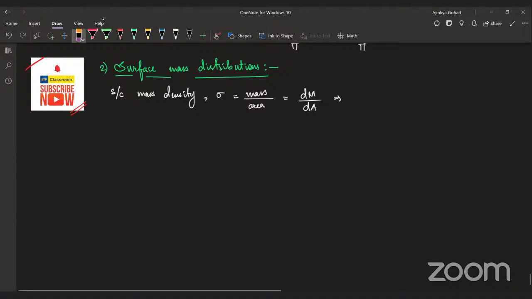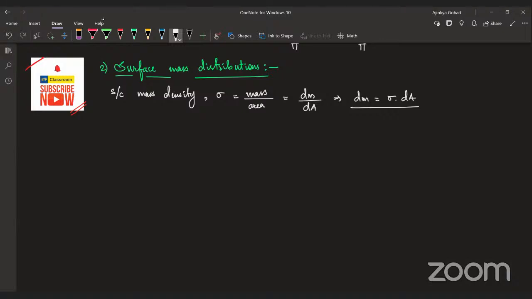Right. So I'll write this as small m because every time I use small m for mass. So dm is equal to sigma into dA. Then if it is a variable, it will stay inside the integration sign. If it is a constant, it will come out of the integration sign. That is the only difference that is going to happen here. So dm is equal to sigma into dA. All right.